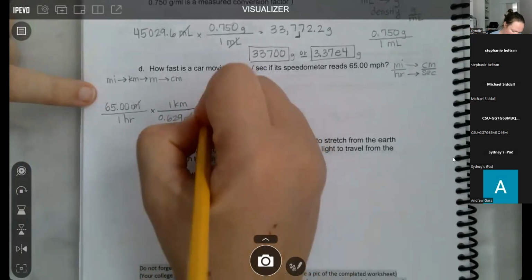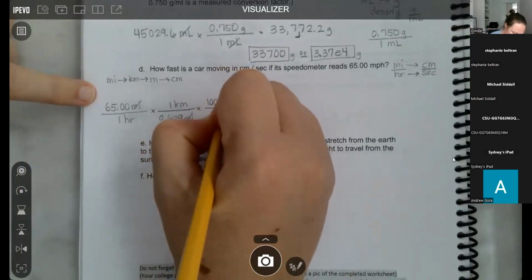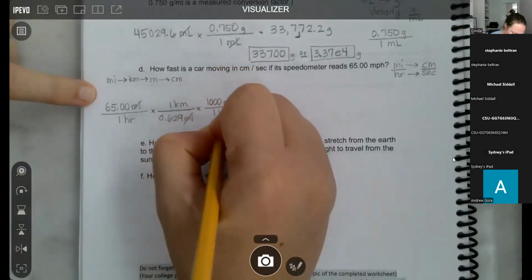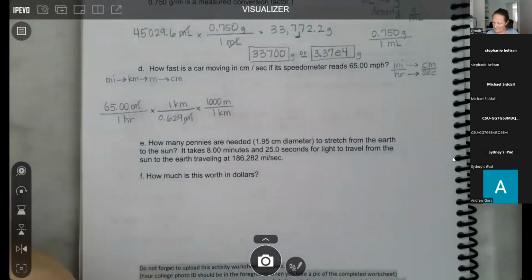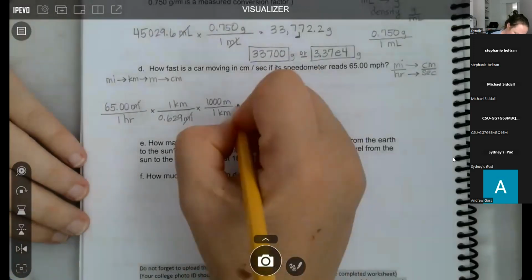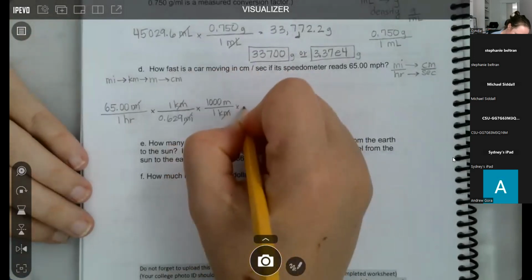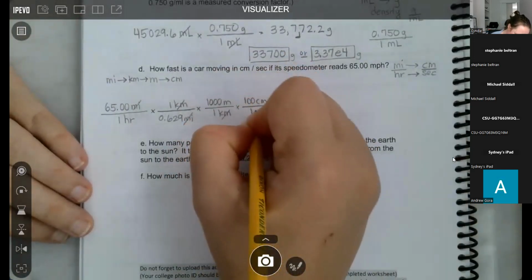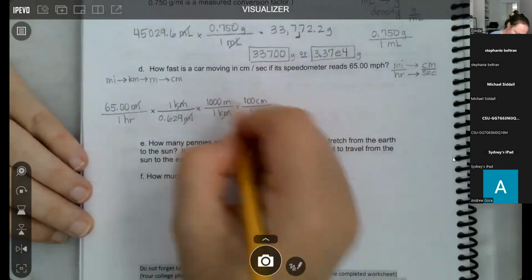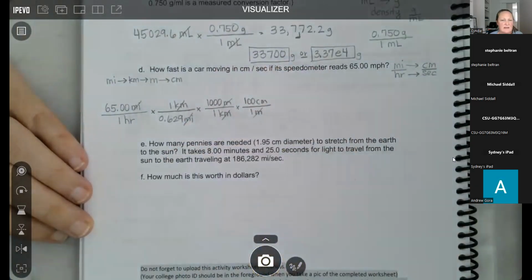So I know there are 1,000 meters in a kilometer, and then 100 centimeters in a meter. So kilometers are gone, 100 centimeters in 1 meter, so meters are going to cancel out.